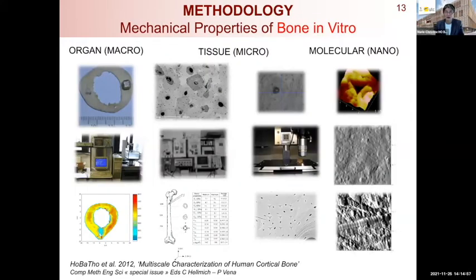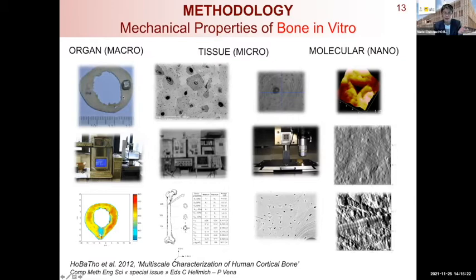So I'm showing you this, how we do this for the bone, which is from a long time ago now. So we do characterization on the same specimen, and we go through different scales. This is challenging, because using the same sample, you have to respect methodology, preservation, and all these things.